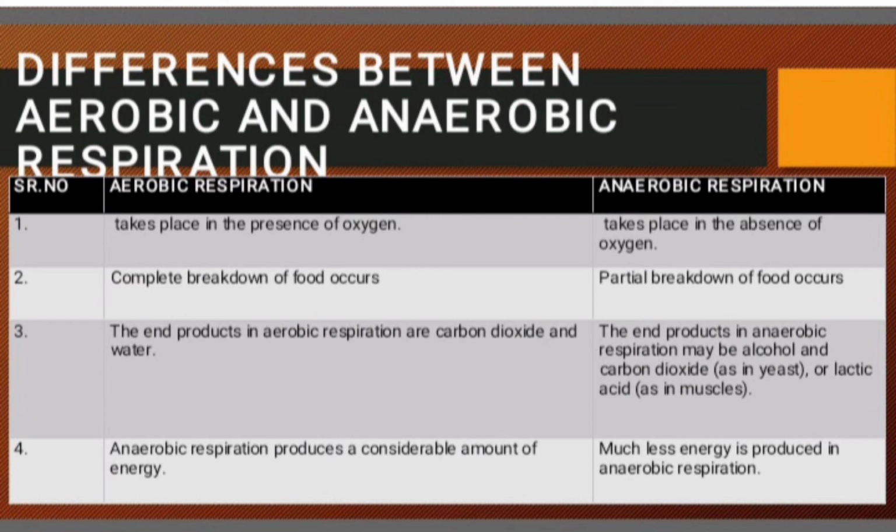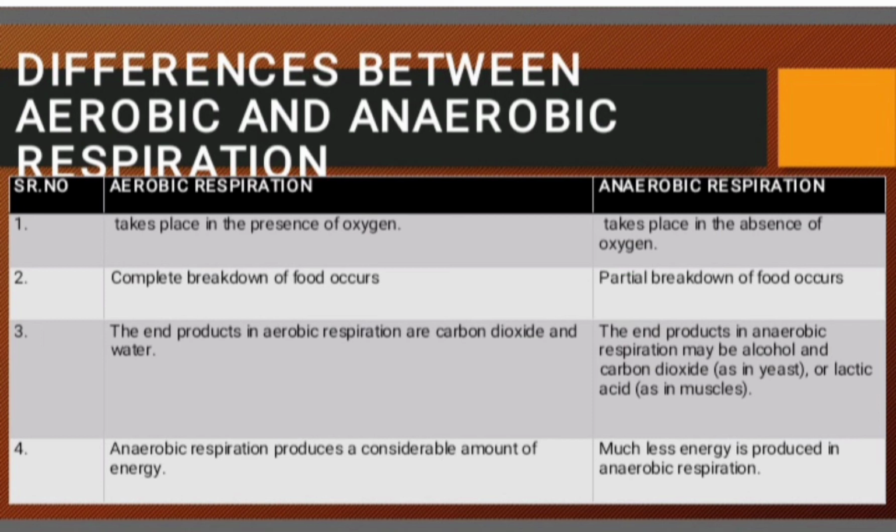Then the end products in aerobic respiration are carbon dioxide and water. But in anaerobic respiration, as we saw in the previous equations, the end products may be alcohol and carbon dioxide in yeast and lactic acid in muscles. So these are the end products obtained in anaerobic respiration.